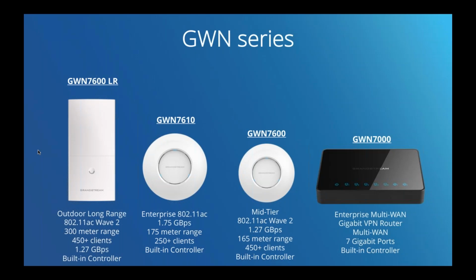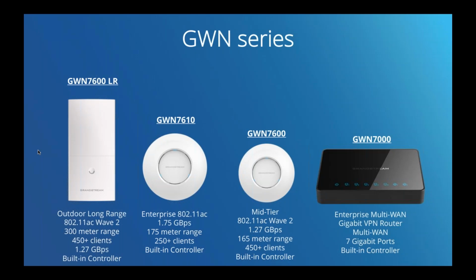Any of our access points can give you the ability to manage and control entire networks of other Grandstream access points. We also offer a free cloud platform, GWN Cloud, again fully free, that allows you to have a centralized cloud platform to manage any of these Grandstream access points. The three different access points touch on a variety of different needs. The 7600LR, it's weatherproof.